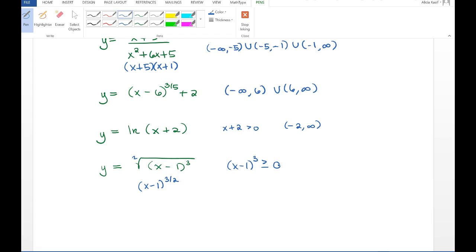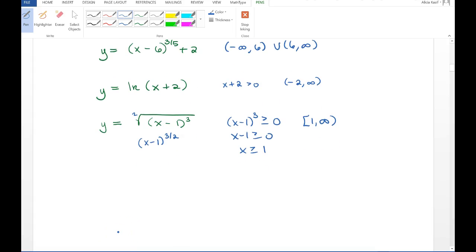Does the cube do anything? No, it's really just the x minus 1. So, as Sean was saying, we want to make sure it's greater than or equal to 1, and that's where we get the bracket. Correct, because it's a square root. Remember, it's okay to have a square root of 0, it's just not negatives.